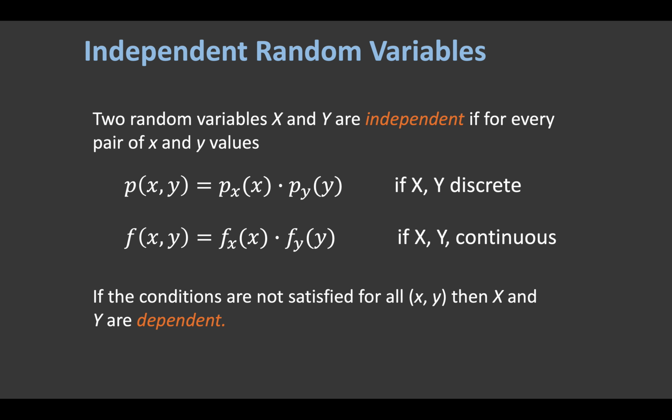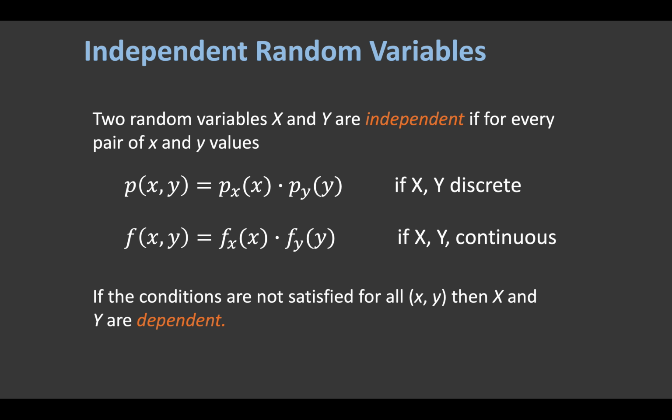For continuous random variables, f(x, y) equals f_X(x) multiplied by f_Y(y). Basically the joint density function equals the marginal probability density function for X multiplied by the marginal probability density function for Y, right? If any condition is not satisfied for all the x and y, then X and Y are dependent.